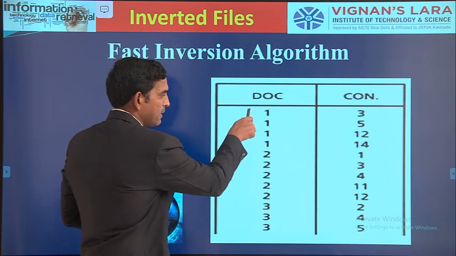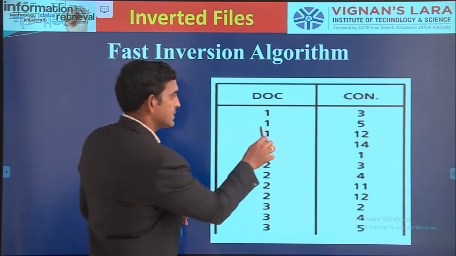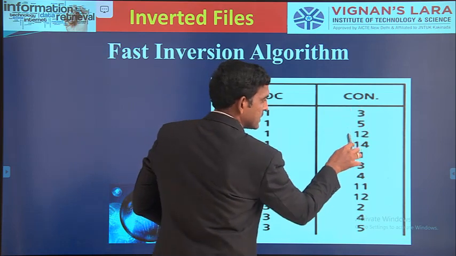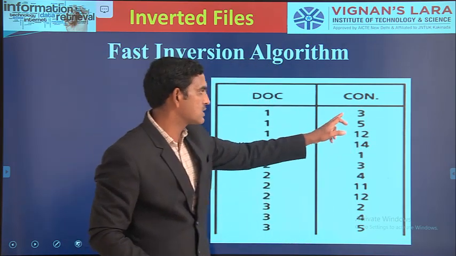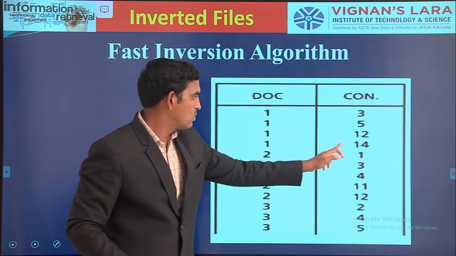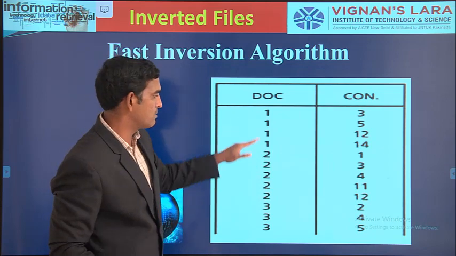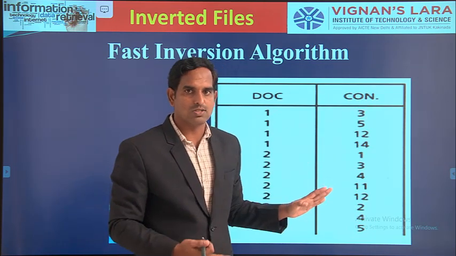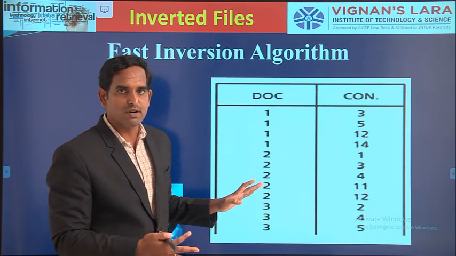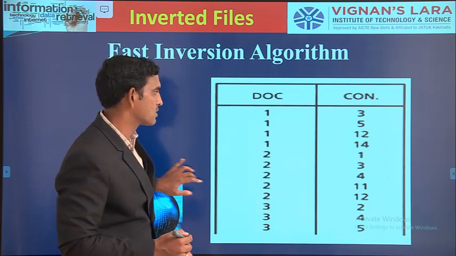We will have the first document, second document, third document. Inside each document we will also have the concepts in a sorted list, that is 3, 5, 12, 14, then 1, 3, 4, 11, 12, like this. So we have the documents in sorted order, and inside the documents the concepts in sorted order. By default, while creating this inverted file itself, we will perform all these things.